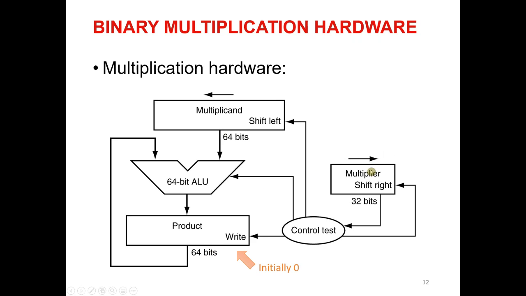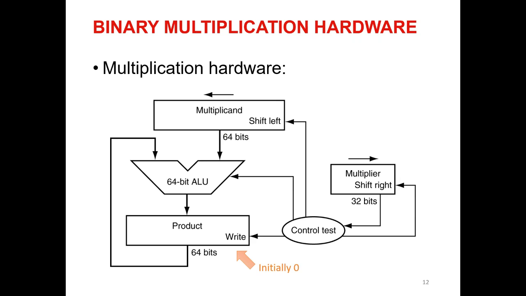Here we have a control unit which will decide if we need to perform the operation or not. The algorithm says that if the bit of the multiplier we are considering is 0, we don't need to do any operation. So the control test will say, don't do any operation if the multiplier digit we are considering is 0, and if it's 1, it will do the operation, which is adding the multiplicand to the product and placing the result in the product register.